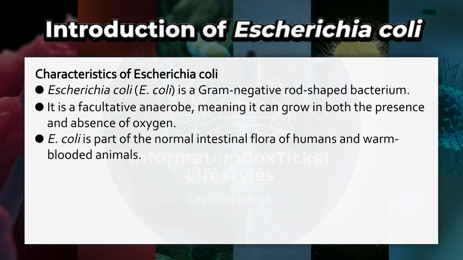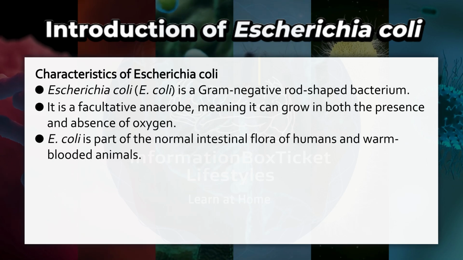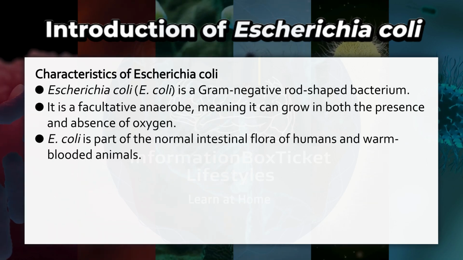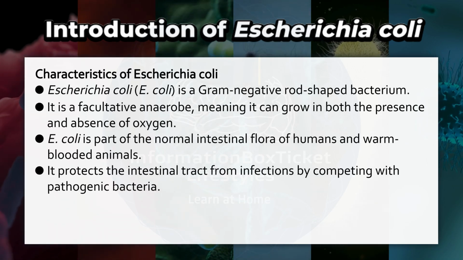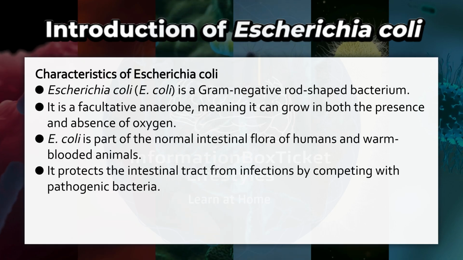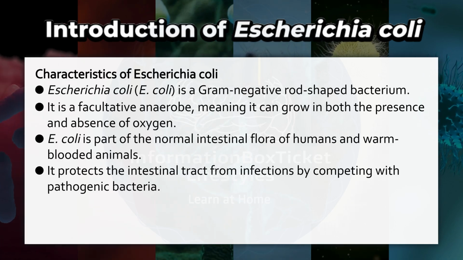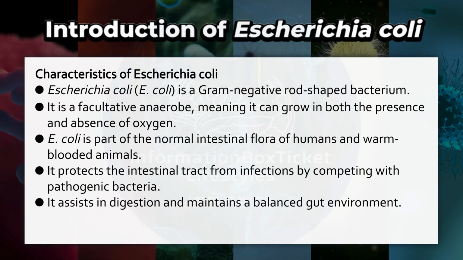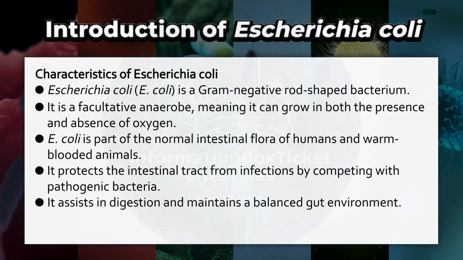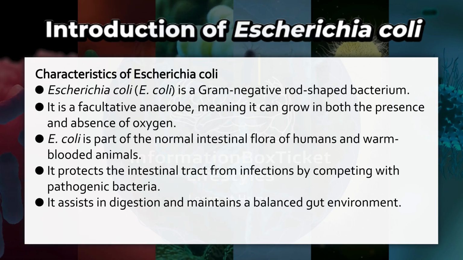E. coli is part of the normal intestinal flora of humans and warm-blooded animals. It protects the intestinal tract from infections by competing with pathogenic bacteria. It assists in digestion and maintains a balanced gut environment.